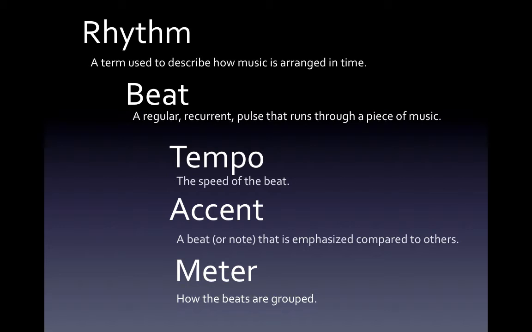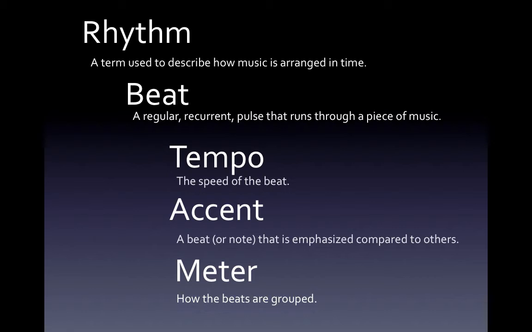Tempo is the speed of that beat. So tempo is an even more specific term than beat. Beat is more specific than rhythm. Rhythm's a broad term. Beat is a little more specific. Tempo is how fast or slow that beat is, so that's even more specific.